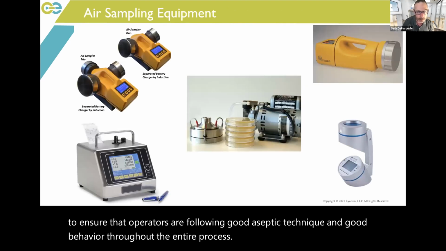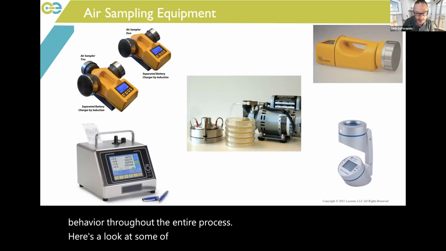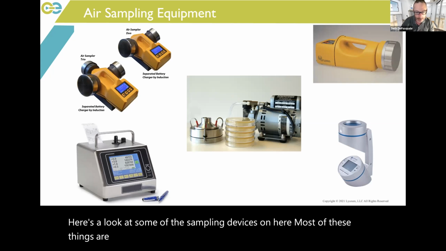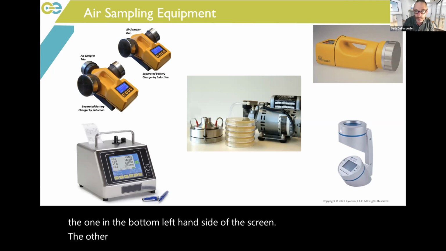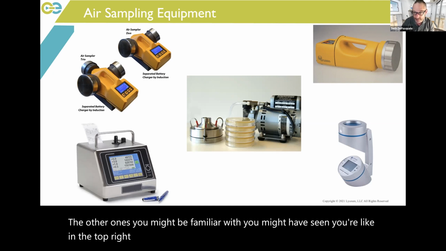Here's a look at some of the sampling devices. On here, most of these things are actually viable samplers. The only one that is a particle counter is the one in the bottom left-hand side of the screen. The other ones you might be familiar with, like in the top right-hand side of the screen, is a SAS sampler.